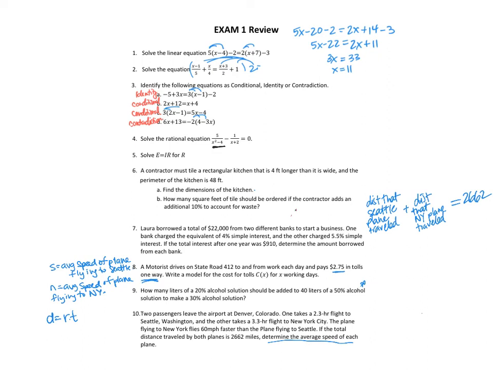So the distance that the Seattle plane traveled. Well, I know the distance is rate times time. And so my Seattle plane is traveling at a rate of what? S is the rate of that Seattle plane. And it's traveling for how long? 2.3 hours. So we'll say S times 2.3.